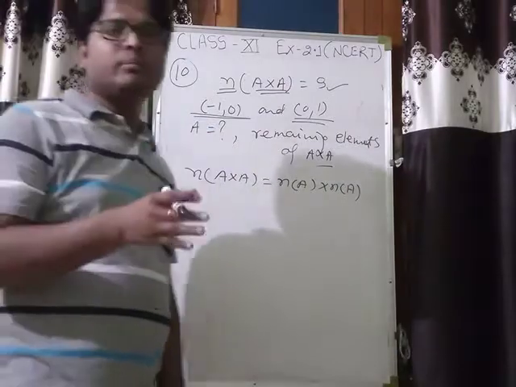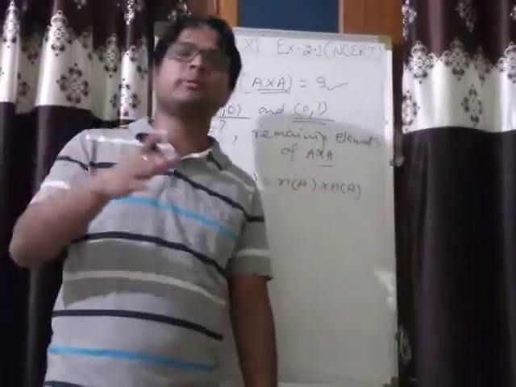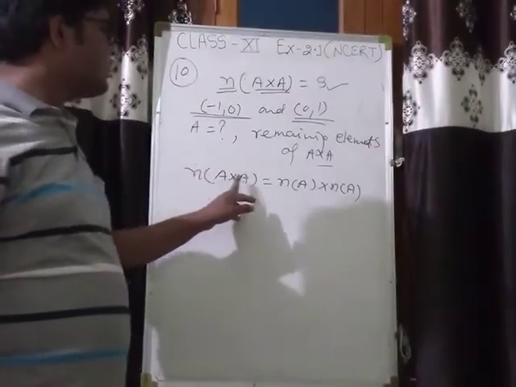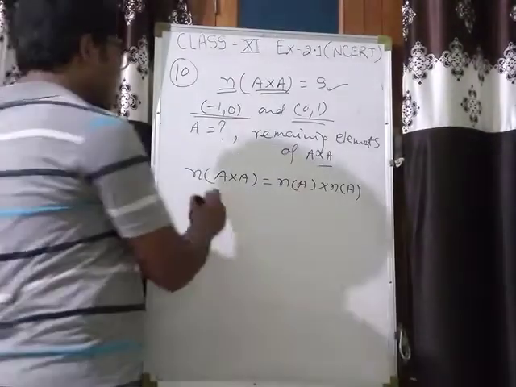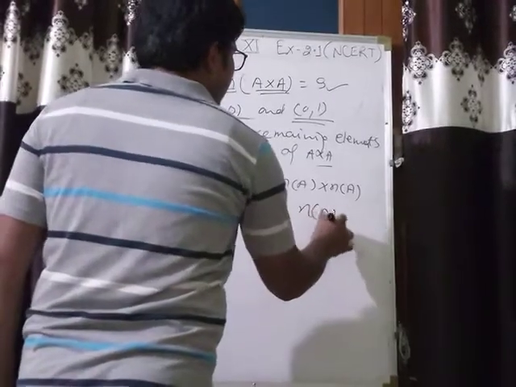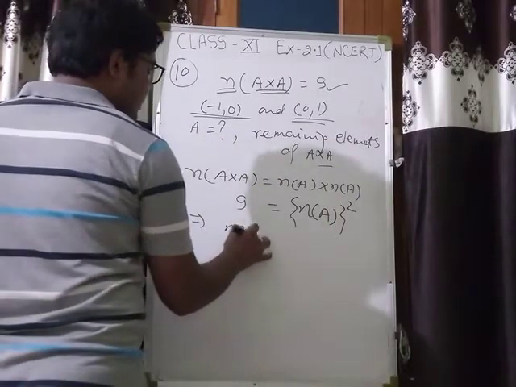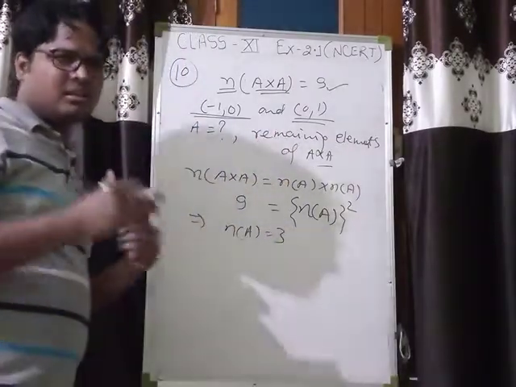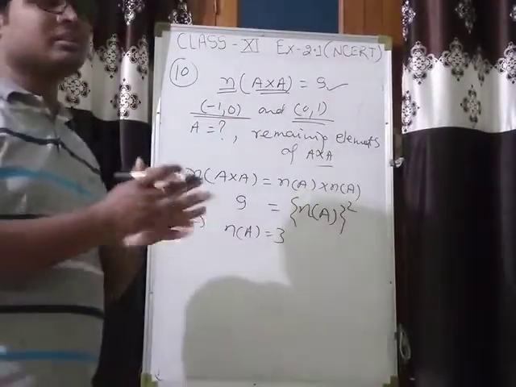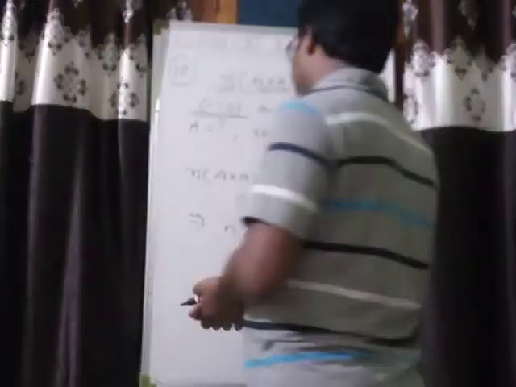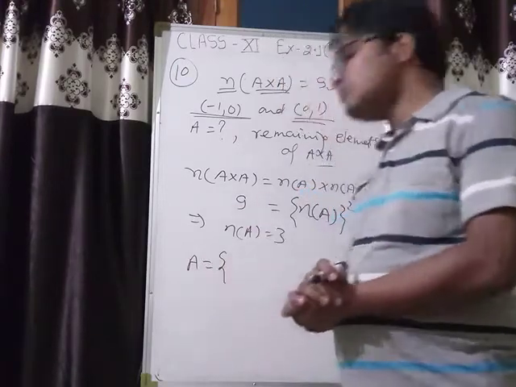We know that the number of elements in A Cartesian product B is equal to the number of elements in A into the number of elements in B. So the number of elements in A Cartesian product A is equal to the number of elements in A into the number of elements in A. Clearly n(A) squared is 9, so the number of elements in A will be 3. It is very simple: 3 elements in A, 3 elements in A, 3 times 3 is 9 elements in A Cartesian product A. Now I am going to find out A.